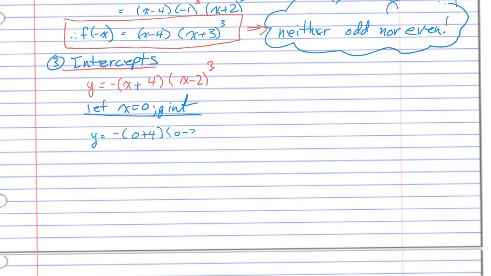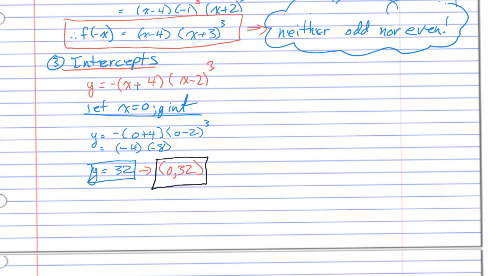And then 0 minus 2 cubed, which turns into negative 8. So 4 times negative 8, with the negative out front, gives us y is equal to 32. That means our point is 0, 32. I'm going to put a box around that so that we can use that later when we're graphing.